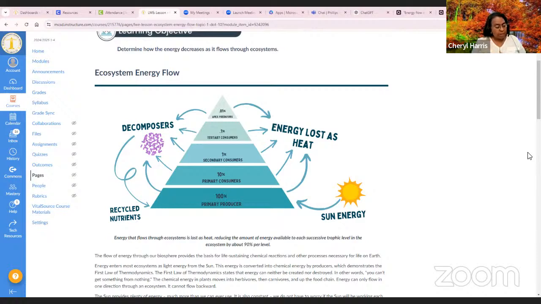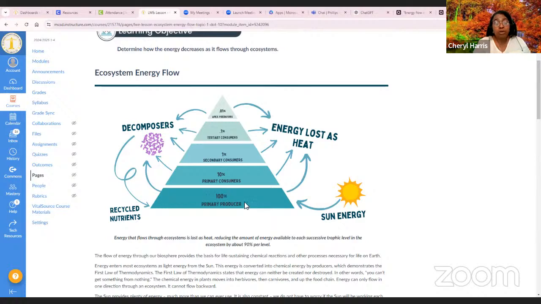If you're looking at populations in society, there are far more plants than animals, and plants are our producers. They are the only ones that can capture energy from the sun. So our picture of the sun is important to this diagram because that's where the energy is coming from.